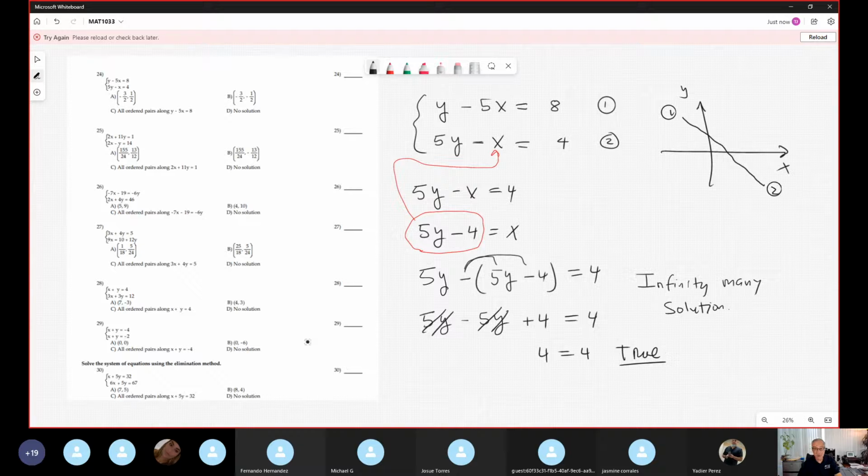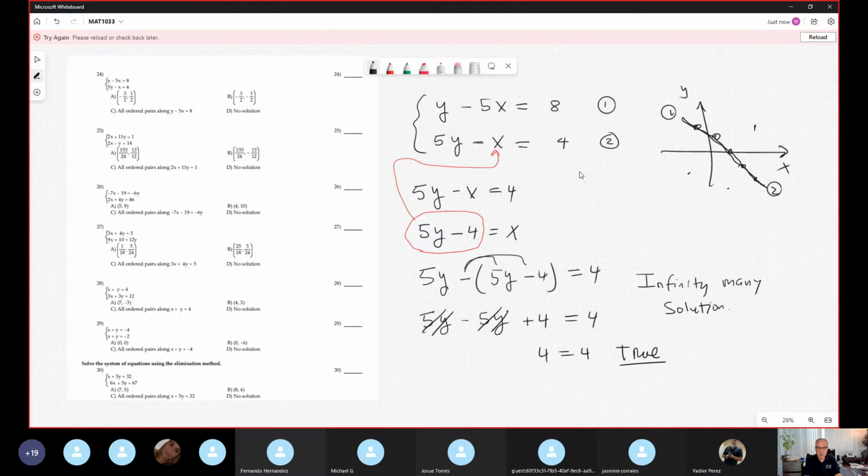I want to prove it now. So the situation we discovered was that the line is the same. Equation 1 and equation 2 represent the same line. Therefore, we have infinitely many solutions, all the points on this line, not just here. This point is on both lines.